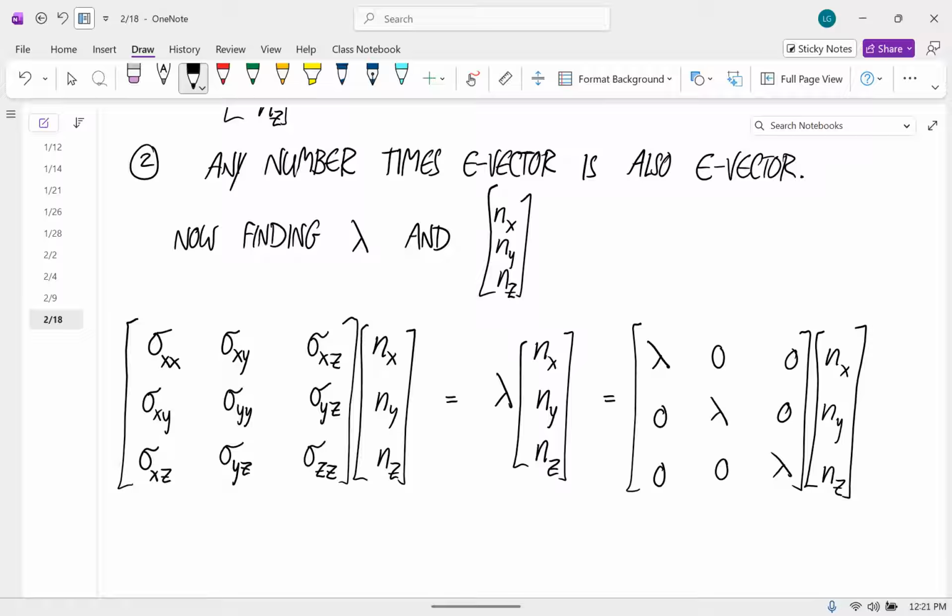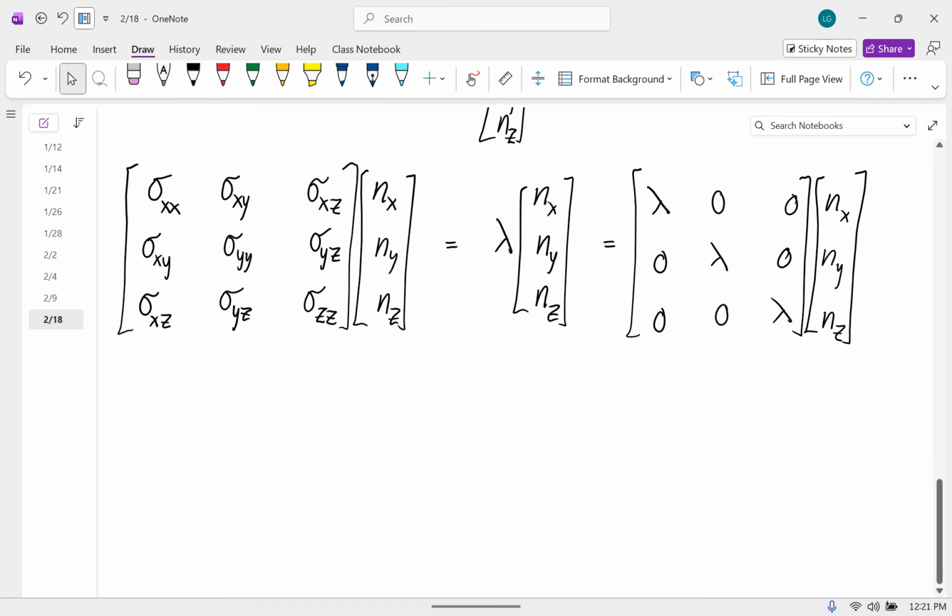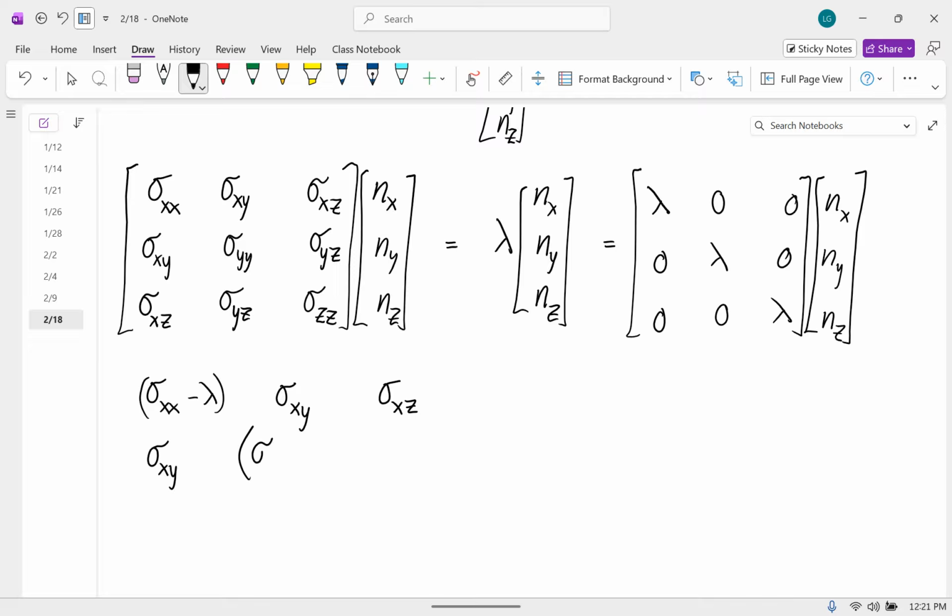And now we can subtract that matrix on the right side of the equation from both sides, and we get this. Sigma xx minus lambda for the first element, sigma xy, sigma xz, sigma xy. Then here we have sigma yy minus lambda, sigma yz.